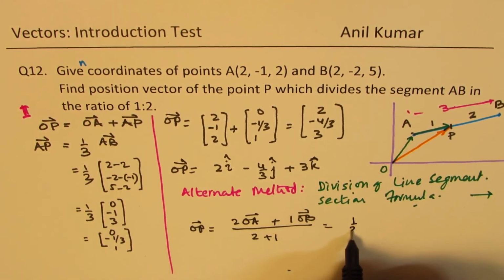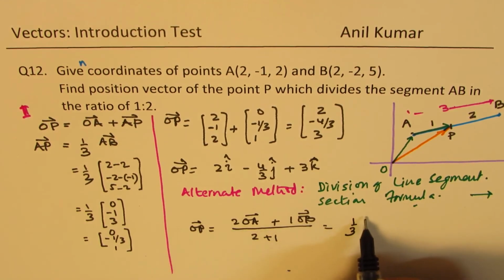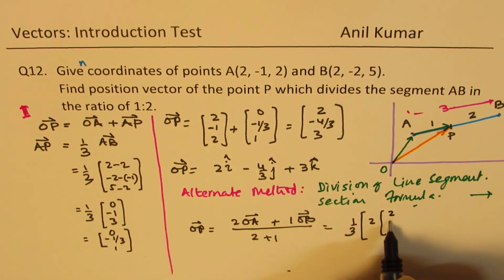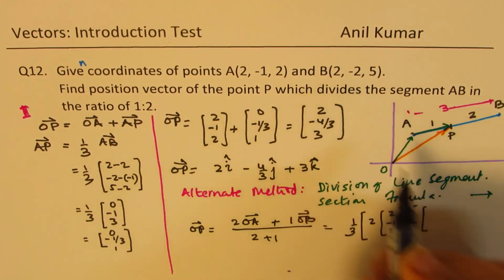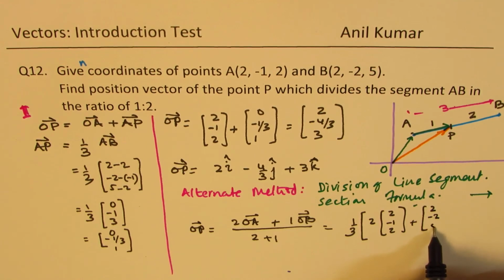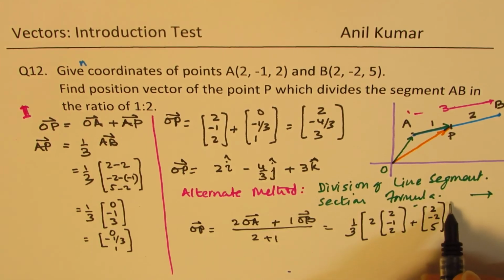2 plus 1 is 3. 2 times OA is 2 times (2, minus 1, 2) plus OB, which is (2, minus 2, 5), right? This is a shortcut.